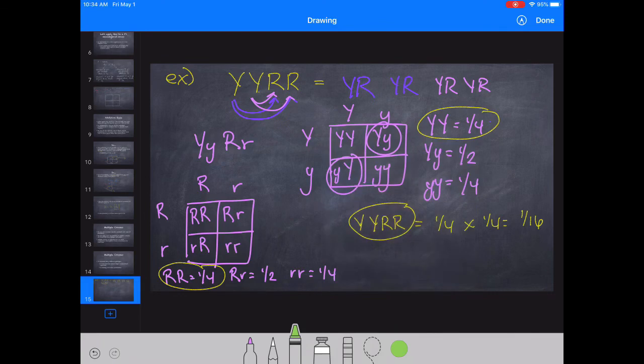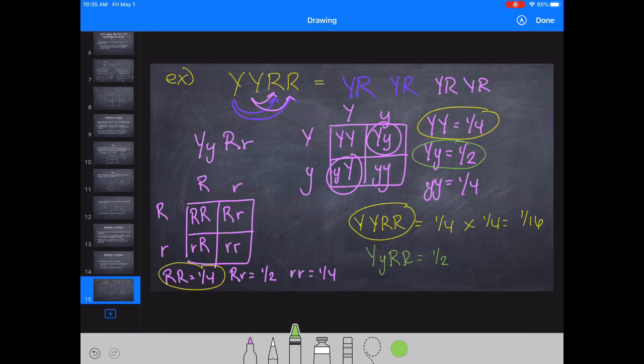Now, if I switched it and I said, what is the probability of this genotype, which is big Y, big R, I can say, well, if I look at my Punnett square with my Y's, big Y, little y is 1/2, right here.